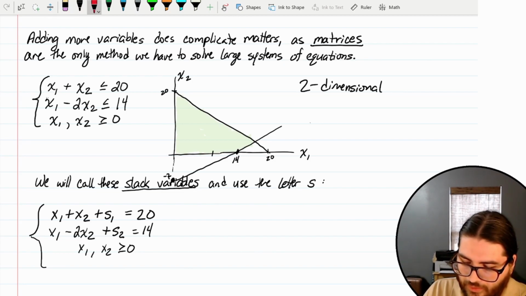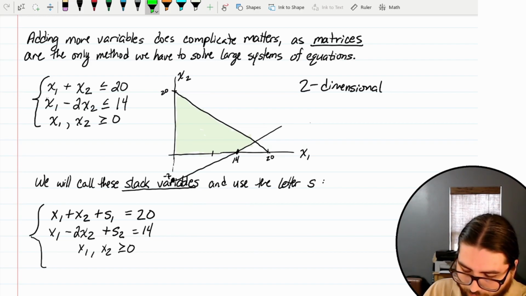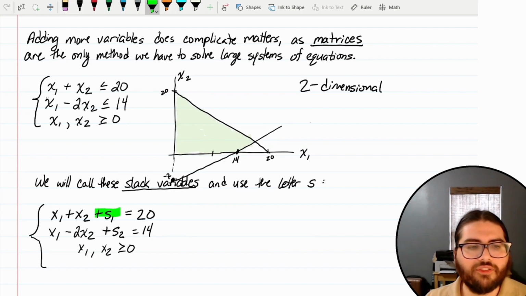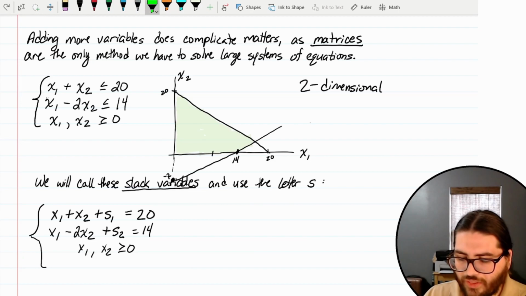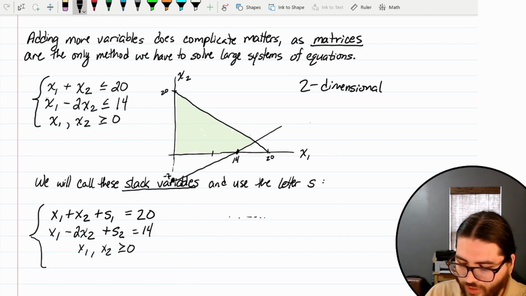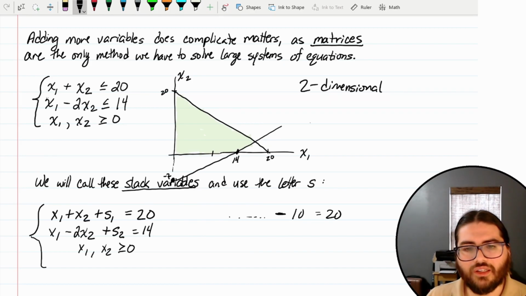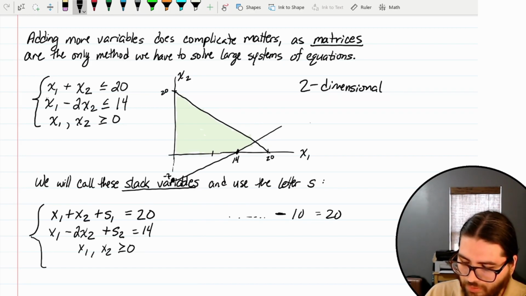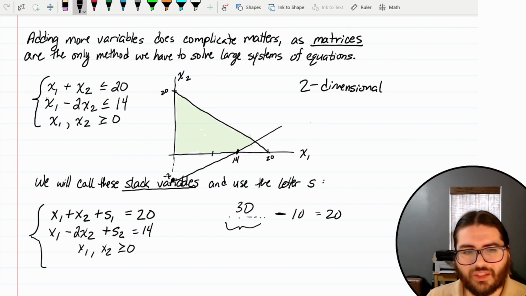Now, let me look at my slack variables. If this slack variable were negative, then I think that means that something's messed up, right? Because if the slack variable were negative, wouldn't that mean that I had some stuff minus a slack variable equals 20? Doesn't that mean that x1 plus x2, when you added them together, had to have been greater than 20 to begin with?